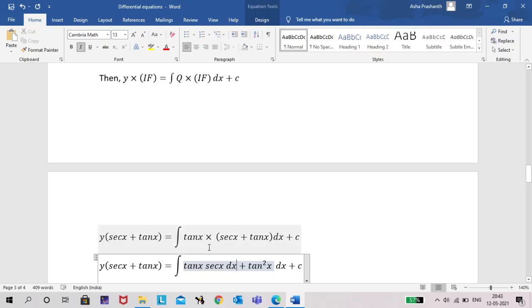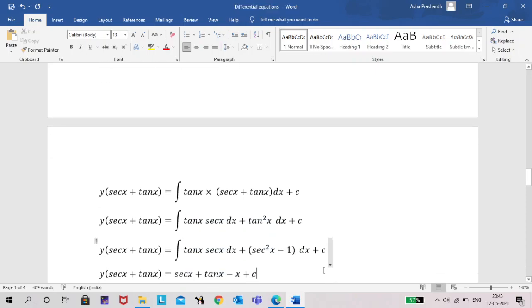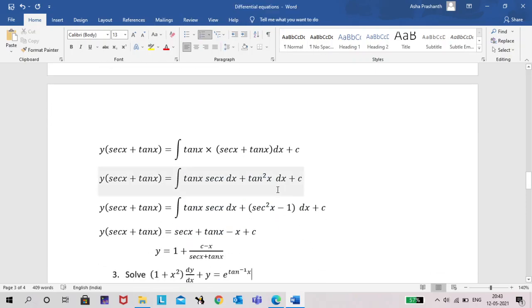In the next step I'm going to multiply tan x into secant x, and tan x into tan x is tan square x, left hand side as it is. Clear? Okay. In the next step I'm keeping the terms as it is, except this tan square x. We know the formula, 1 plus tan square x is equal to secant square x. So by using that, the tan square x can be written as secant square x minus 1, right?